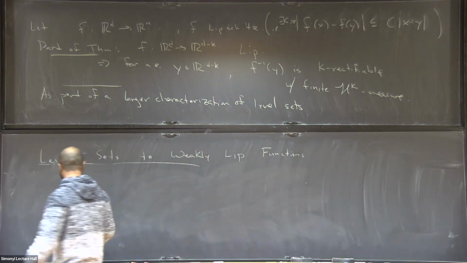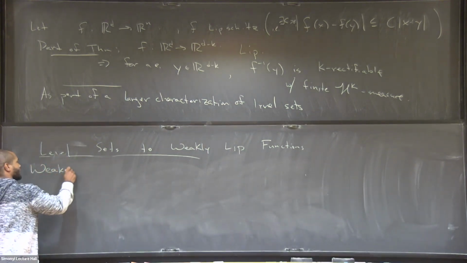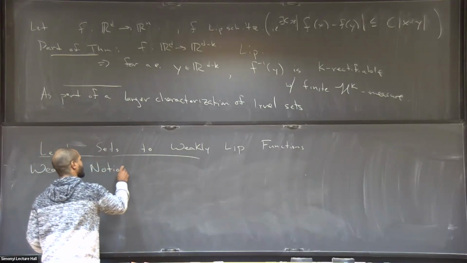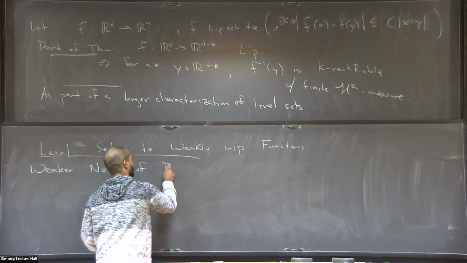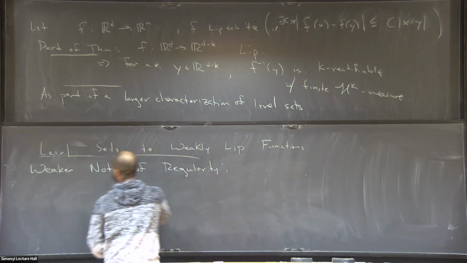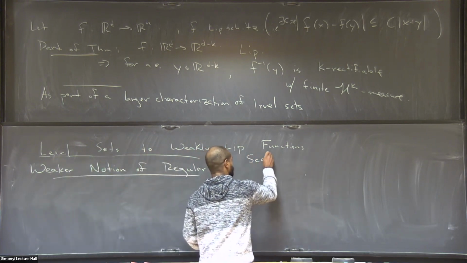So first, I'll just give the weaker notion of rectifiability or Lipschitzness, and this is a scaled oscillation.